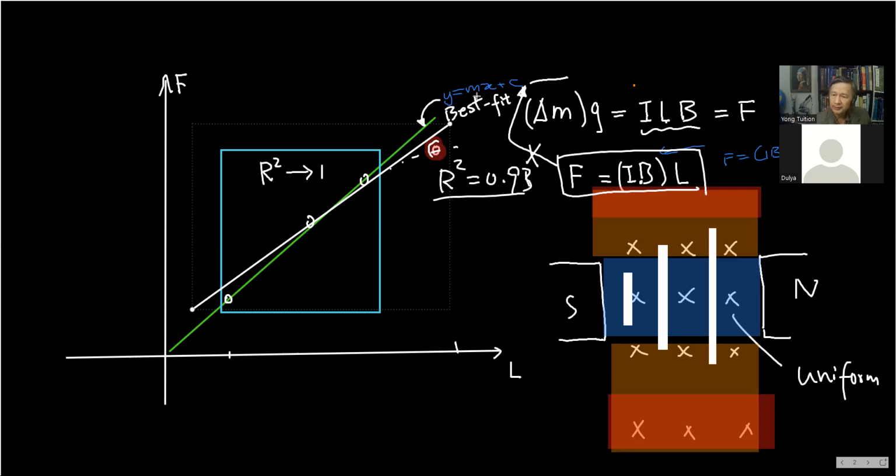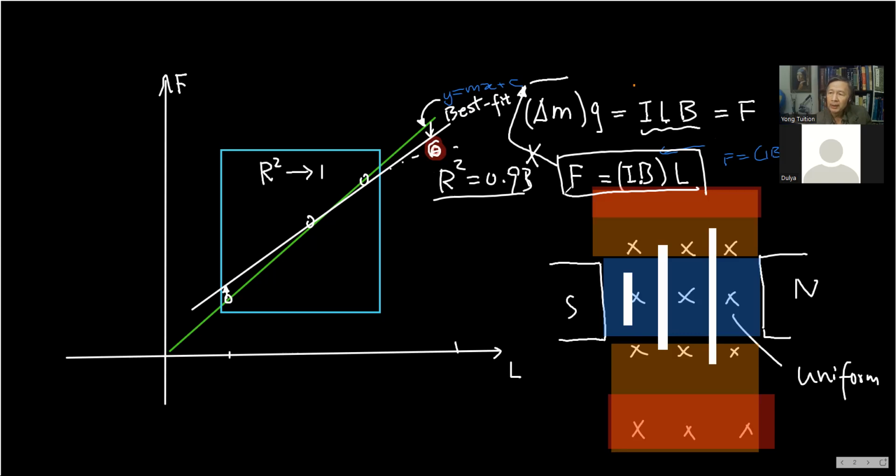In order to make this satisfy every data point, I raise this end and lower this end. Can you see what I have done here? In order to include this outlier, which we know is not reliable. We know the reason already.